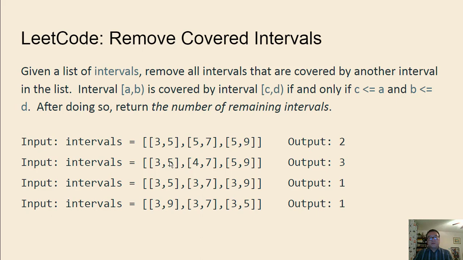However, because 3, 5 ends before 4, 7, and anything later will start no earlier than 4, anything later that is covered by 3, 5, for example interval 4, 5, will also be covered by 4, 7. When 3, 5 overlaps with 4, 7, that means the first one must start earlier but end earlier.